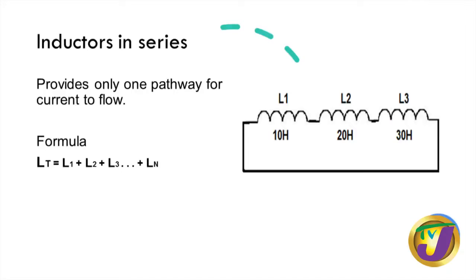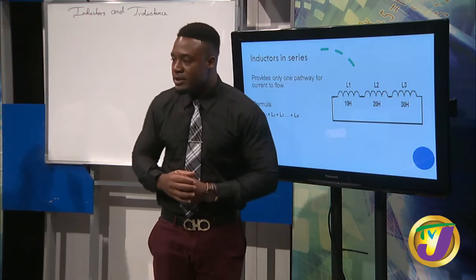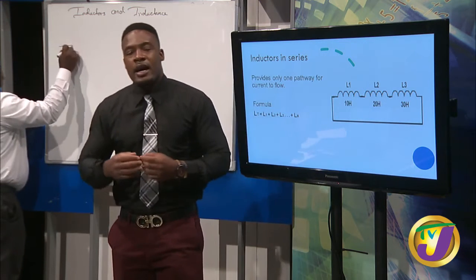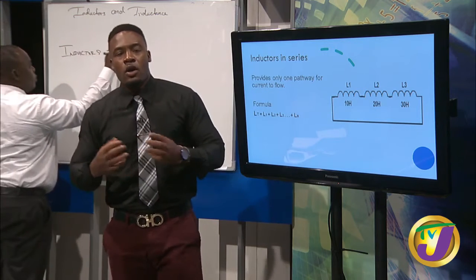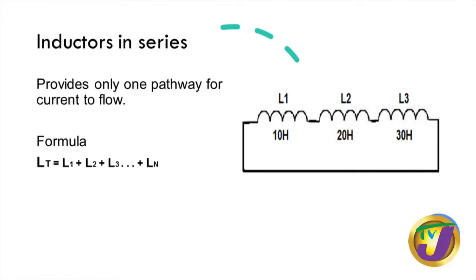Moving on. We want to look at how inductors operate in simple circuits. If you have an electrical background, I know you will know how we calculate resistors in series and resistors in parallel. Inductors operate basically the same way as resistors in series or in parallel.